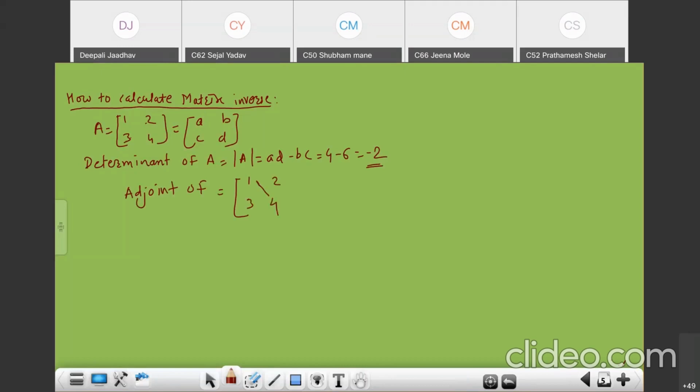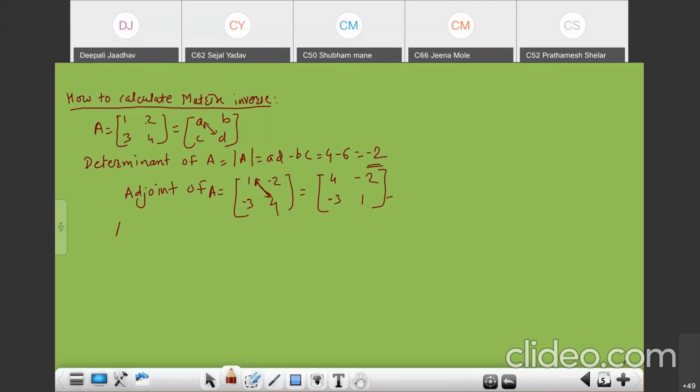First we interchange these two diagonal points a and d, and make minus b and c. After this, the values are 4, minus 2, minus 3, 1. So the adjoint of A is equal to: interchange the two diagonal points a and d, and make b and c negative. After this, the adjoint of matrix A is this one.